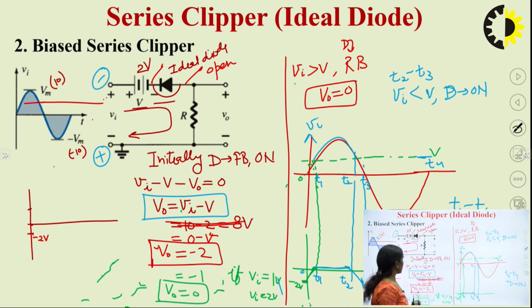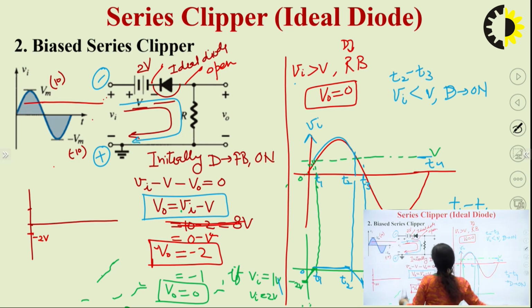If your diode is on, then again we write the KVL. So if you write the KVL for T3 to T4, it will be minus Vi minus V minus V naught is equal to 0.